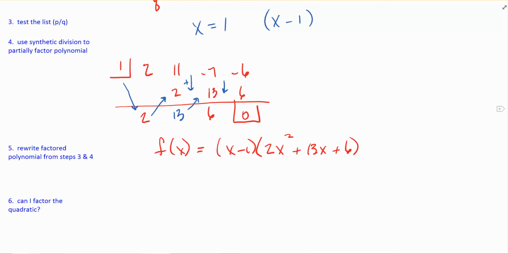Now we're trying to ultimately get this entire thing completely factored. So if I'm looking at just this portion right here, my new term that I just created or found, you want to ask yourself, can I factor that? Can I reduce this or split this up any further?